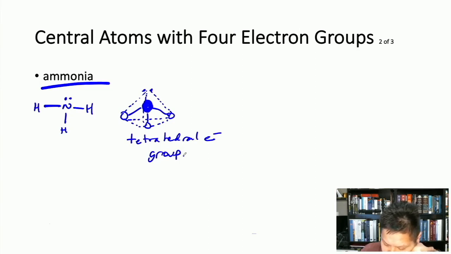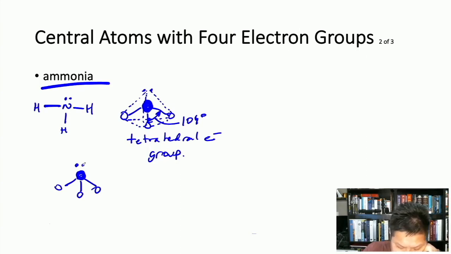And again, very important to note that this angle right here is 109 degrees. Okay, very important to note. But when we draw the ball and stick figure, you have to remember that the top here is actually a lone pair, so it doesn't form a tetrahedral shape. It's actually a trigonal pyramid.